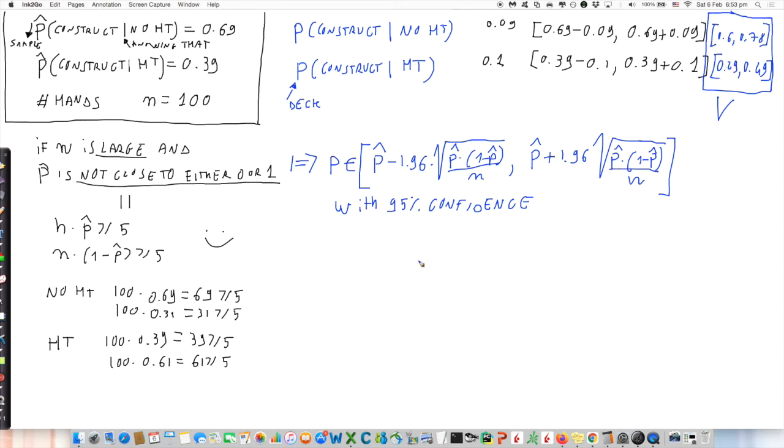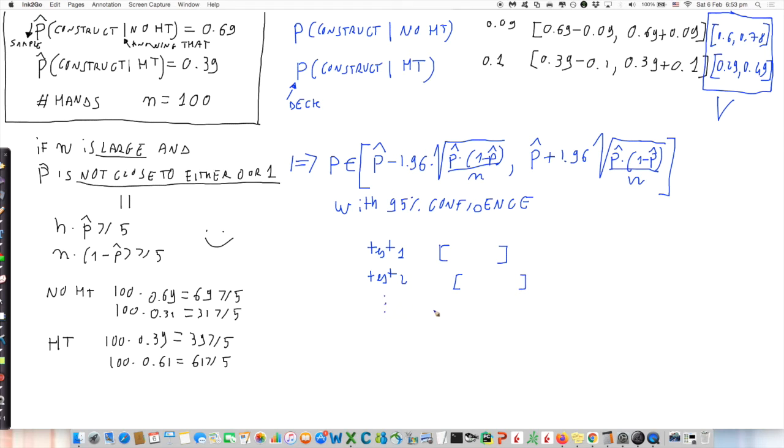But again, it's important that we understand this idea of 95% confidence. Okay? Graphically, it means something like that. We run 100 hands and then we get a range, okay? So this is the first test. Test 1. Then we do another test, another 100 hands, and then we get another range, right?